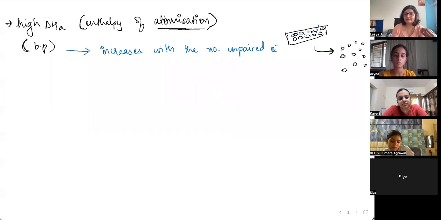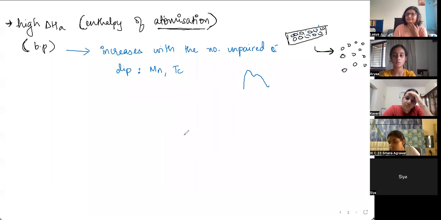And very similar to your melting points also, there is a dip with manganese and technetium. Increases, then there's a dip, and then it decreases.